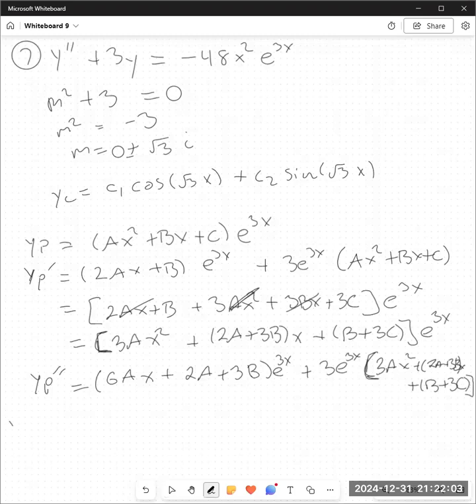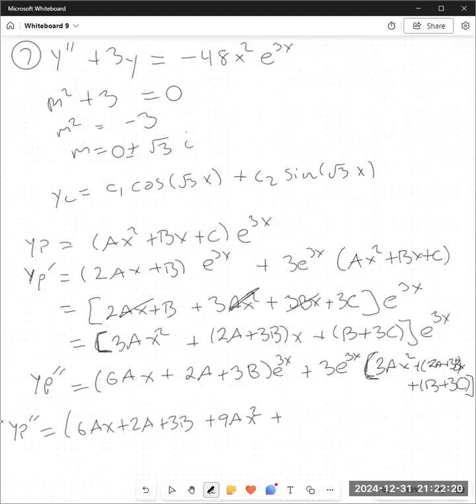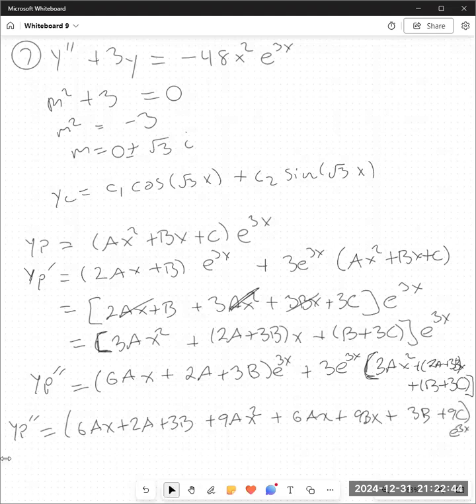So yp double prime is equal to 6ax plus 2a plus 3b plus 9ax squared plus 6ax plus 9bx plus 3b plus 9c, e to the 3x.